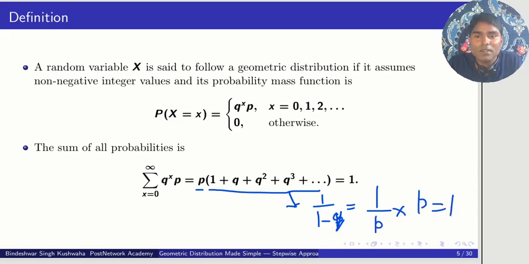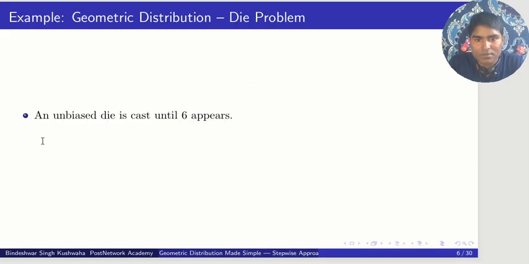So the sum of all probabilities is 1, and this is the necessary condition for a probability distribution, whether a probability mass function or a probability density function.